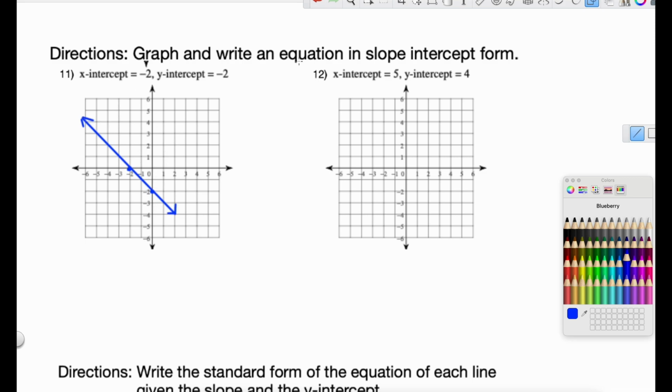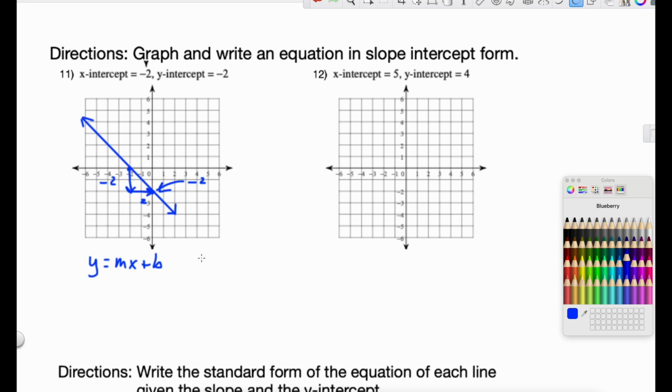Okay, going through the intercepts, and it says write an equation in slope-intercept form. So that's y equals mx plus b. And so what's happening? Our b is -2, and we are going down 2 units. Down 2 is a negative, and over 2 units, that's a positive.